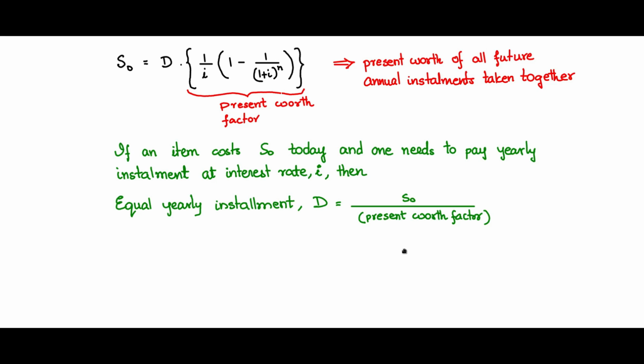This will give you the amount D that has to be paid at the end of every year till the end of the nth year, so that it has a present worth of S naught.